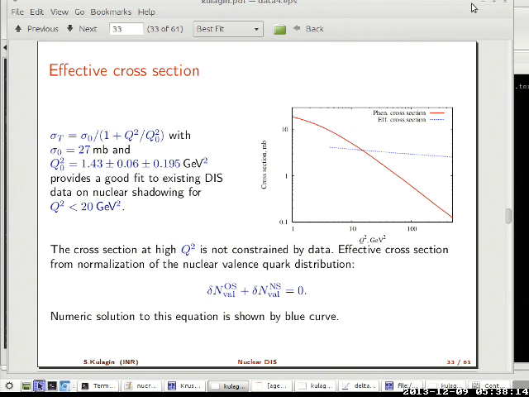The strongest constraint comes from the NMC data at low x. I probably don't have time to discuss it.